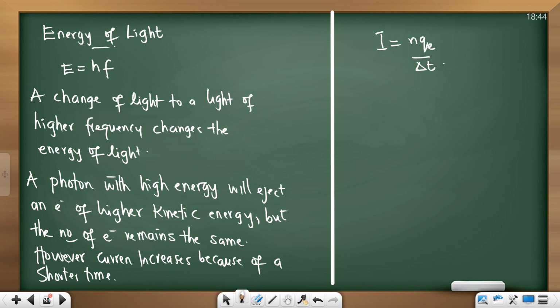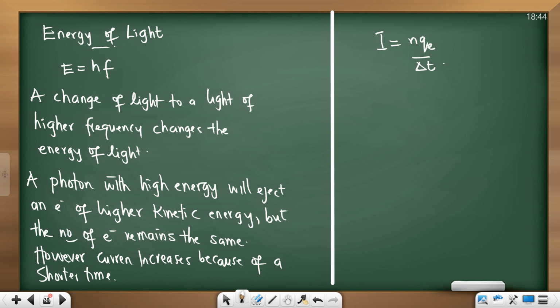So the shorter the time, the higher the current. Because we're talking about the rate of flow. So if it flows faster, make sense now? Good. But what I needed to say is that the energy of the photon will only affect the energy of the electron. The number of photons will remain what?